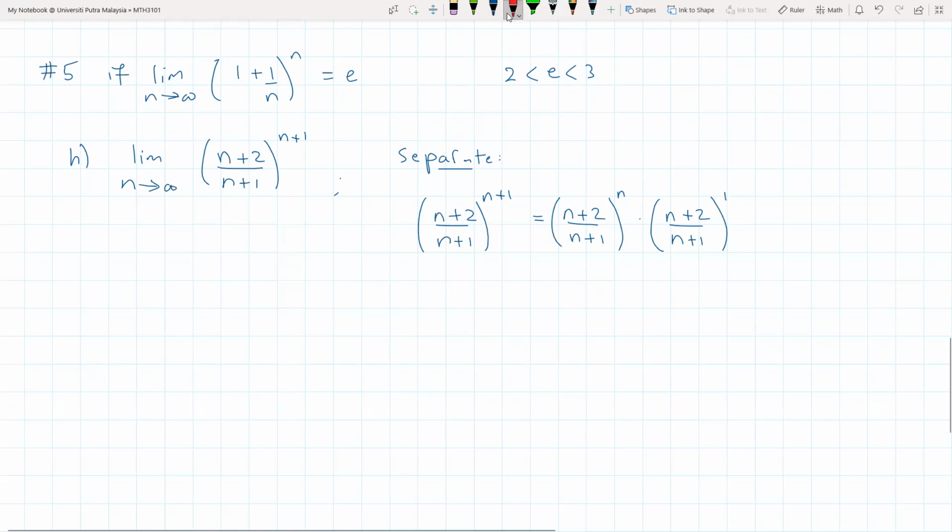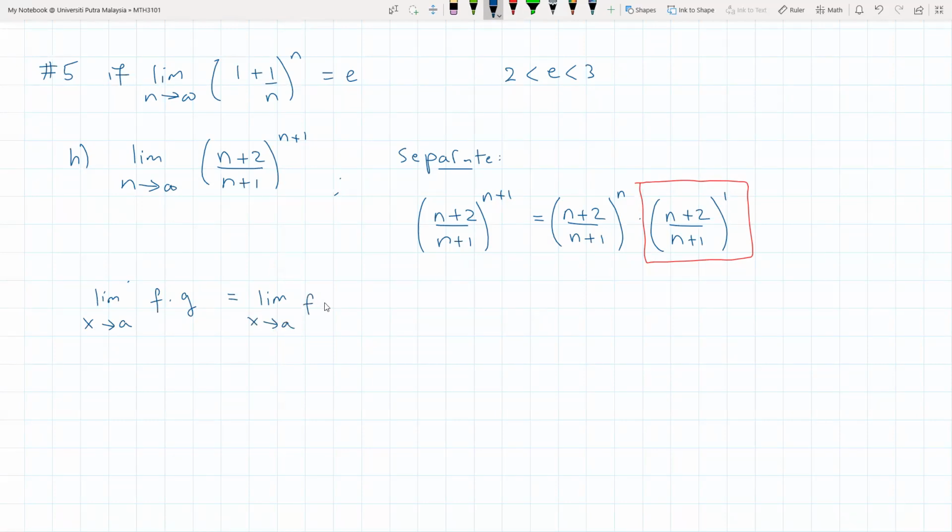Okay, and then the same, we take only this part, because from the limit definition, if you have the limit as x goes to a of f times g, this is the same thing as taking separately the limit as x goes to a of f times the limit as x goes to a of g.